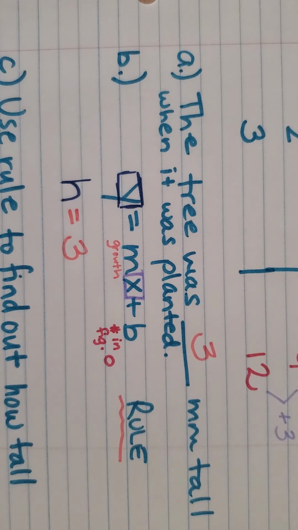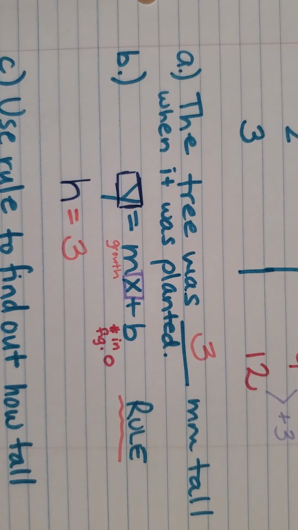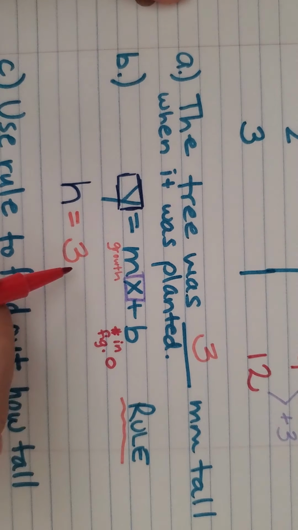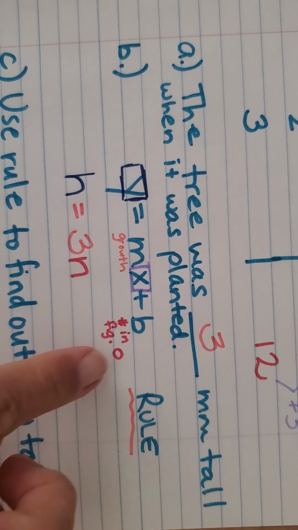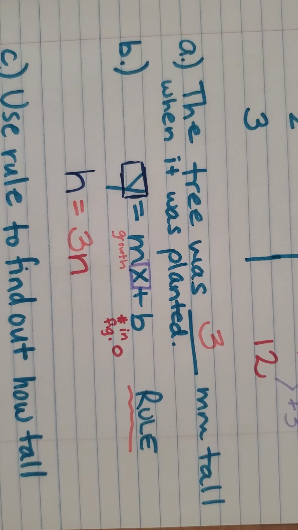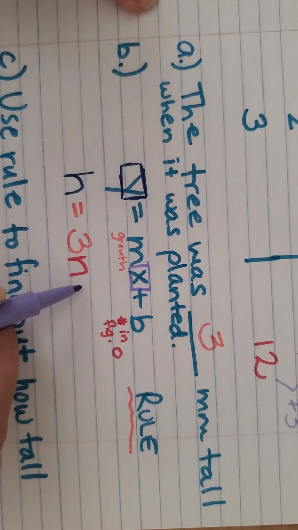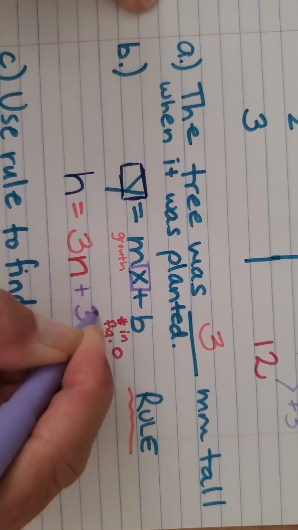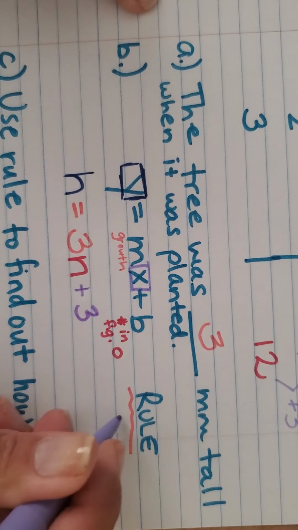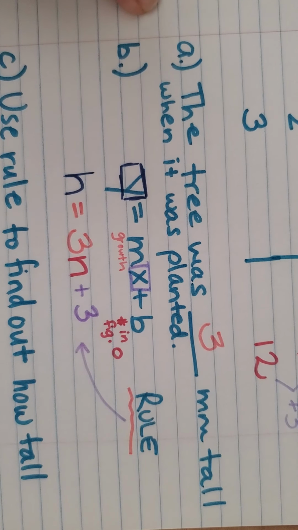Instead of X, I'm going to use what is on the x-axis, the number of days, so I'm going to put an N. And then we saw that on day 0, or figure 0, it was 3. So there is my rule for this particular situation.